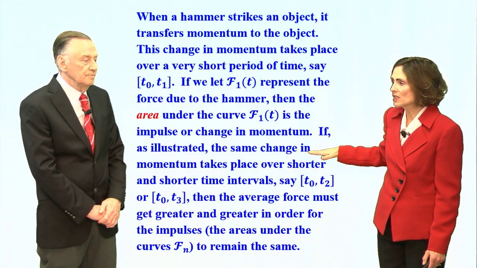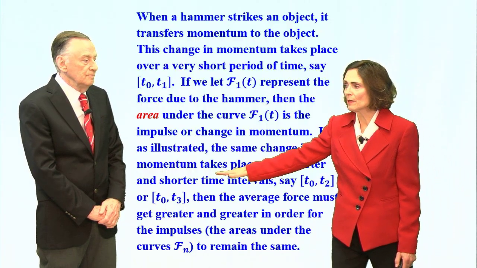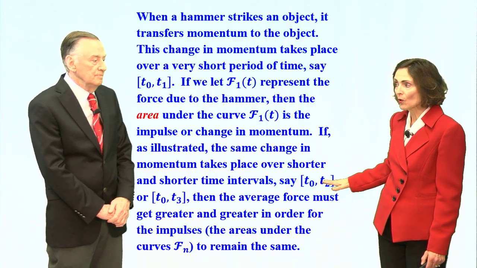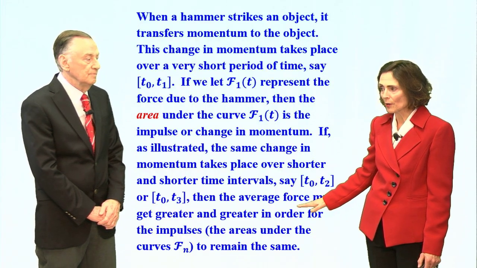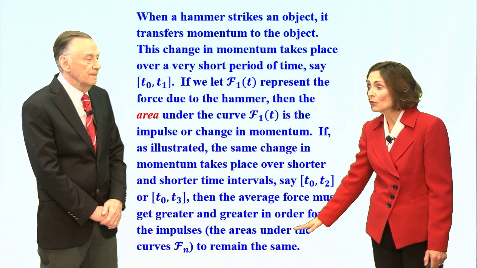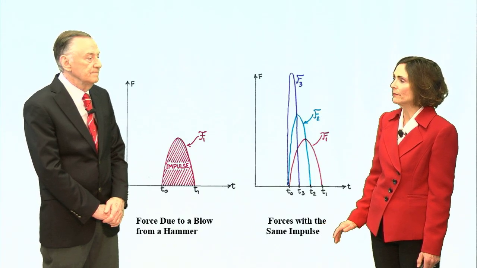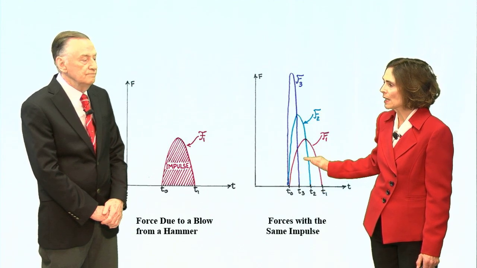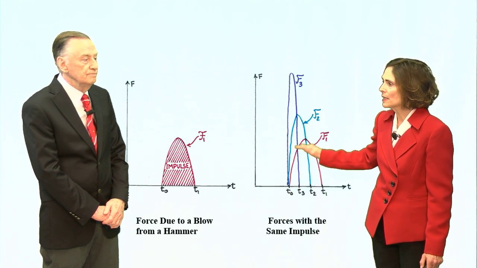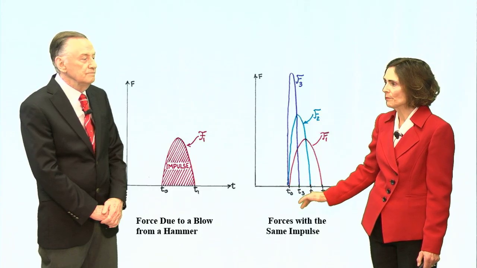If, as we just discussed, the same change in momentum takes place over shorter and shorter intervals, then the force must get bigger and bigger for the impulses, or the areas under the curve, to remain the same. So this area is the same as this area is the same as this area.